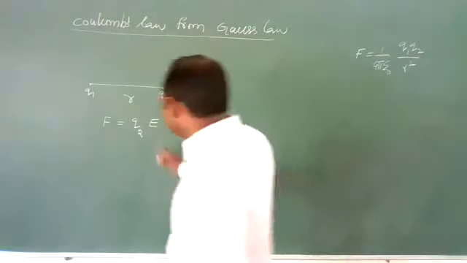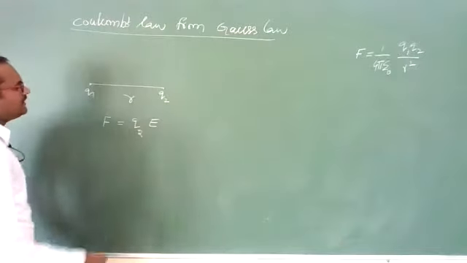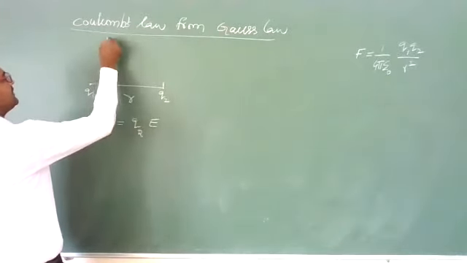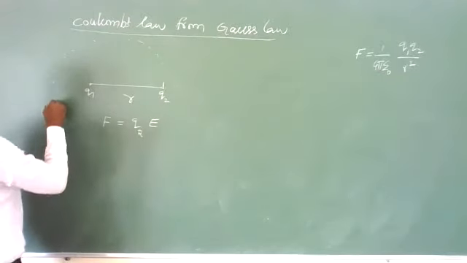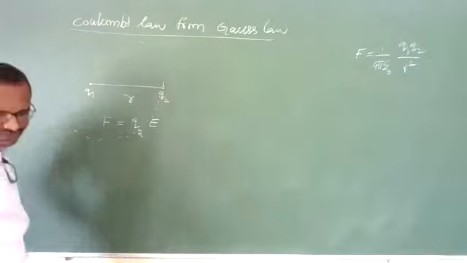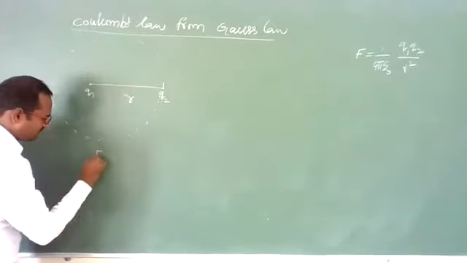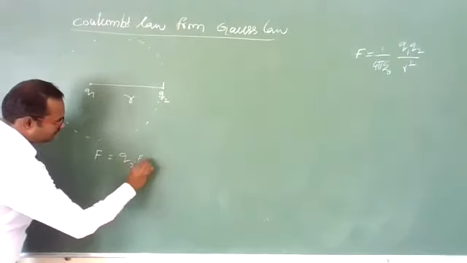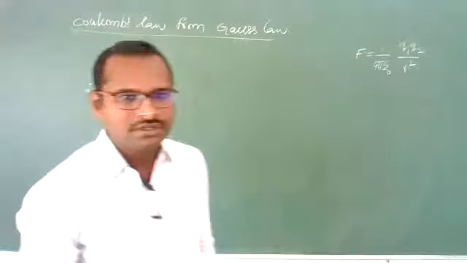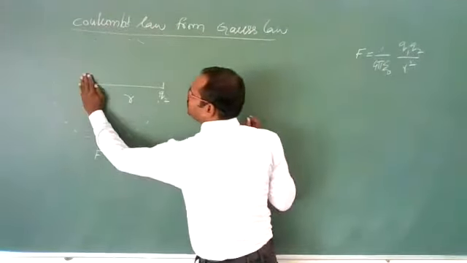And to get this electric field E, I am using Gauss law. Now let us consider a Gaussian surface like this. F is equal to Q2 into E, equation number 1. This Gaussian surface encloses charge Q1.